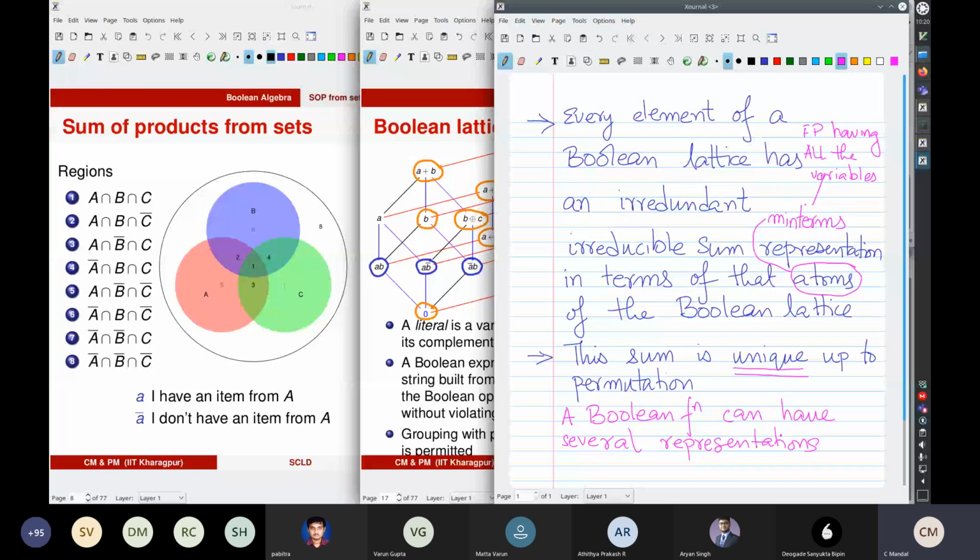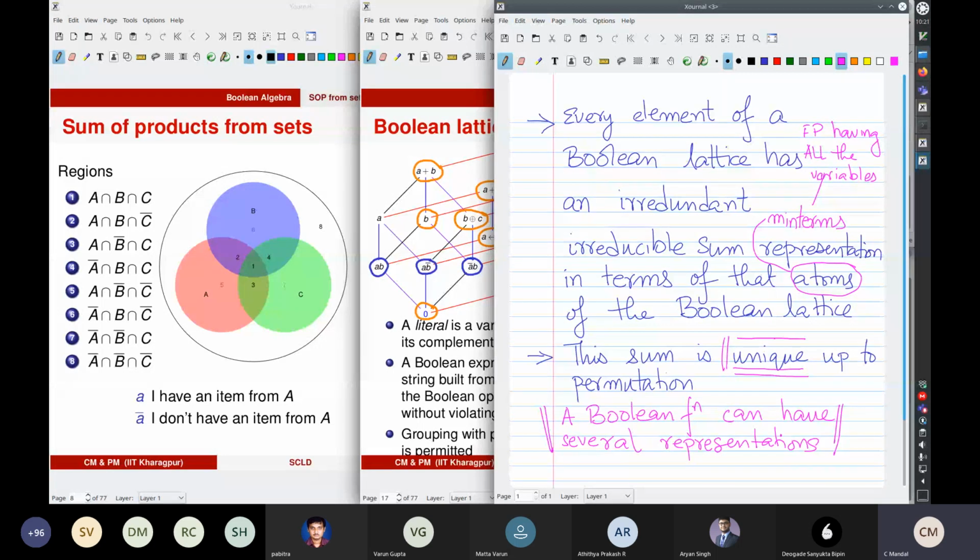If you look at this, a Boolean function can have several representations, but the representation in terms of its mean terms is unique.